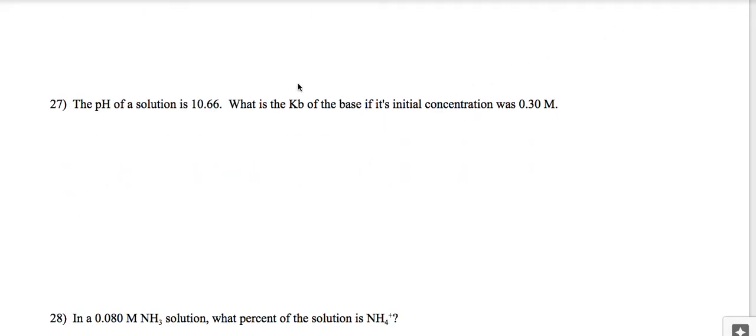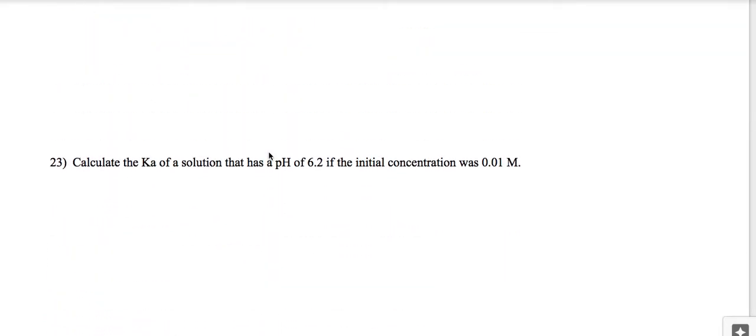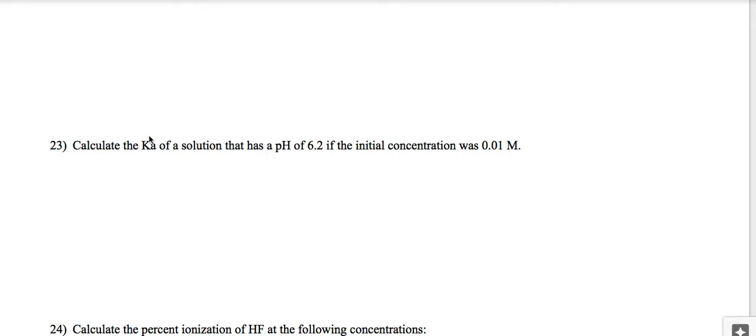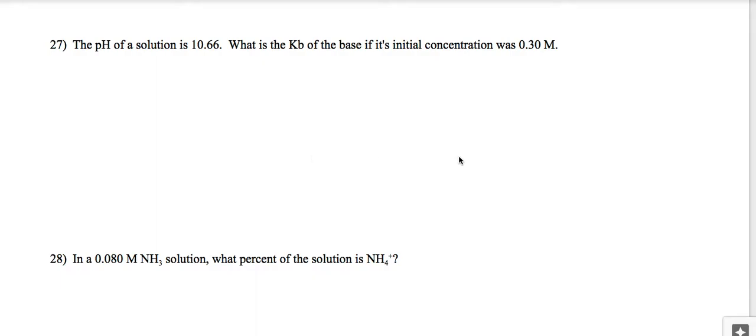So this one is identical to problem number 23, only instead of trying to get a Ka, we're trying to get a Kb. So again, I'll do this one more quickly. When we're dealing with a base, again, we use A minus.